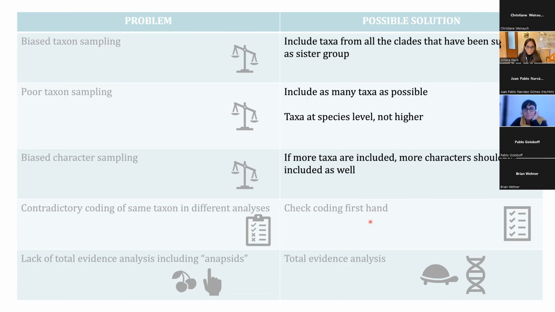Then we need to check the codings of all the taxa, and we need also to gather the information from the molecular data set. And after that, we need also to cross our fingers to get a result of this and not a complete polytomy. So unfortunately, I don't have results for this part of the talk.